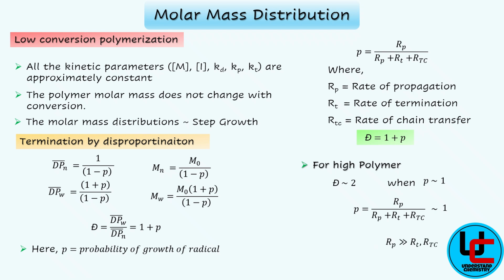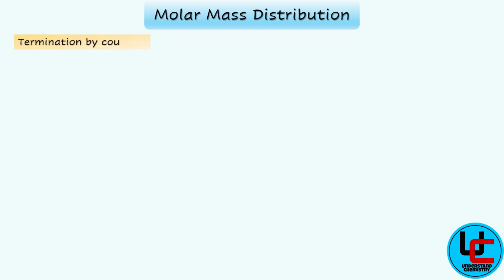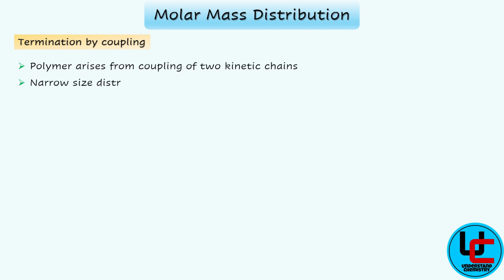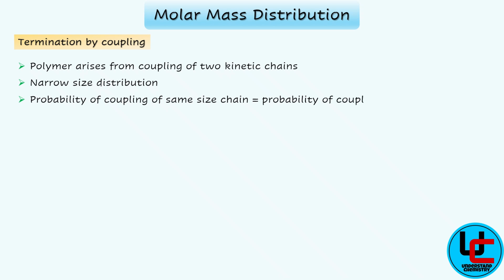Now consider the case when the termination happens only by coupling. This means two kinetic chains lead to one dead polymer molecule. Coupling results in a relatively narrow size distribution. The case resembles step growth polymerization with branching. The number average and weight average degree of polymerization for this case are calculated as shown in these equations. The corresponding molar masses can be calculated from the following equation.